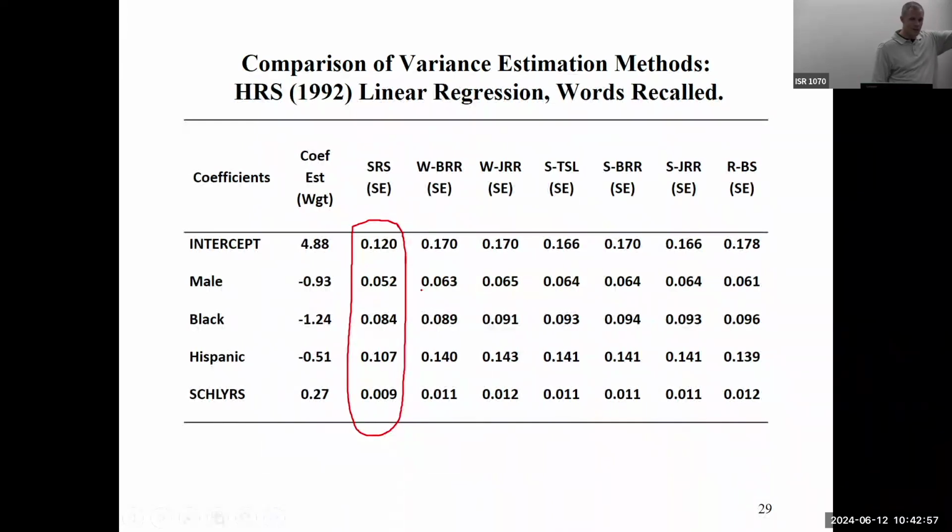We are estimating variance. So in theory, I could put a confidence interval on this variance estimate. And all of those confidence intervals would overlap with each other in this kind of table. That's why I'm saying it doesn't matter. If you just look at the numbers, the point estimates of the variance, yeah, it looks like TSL may give you some advantages, but in terms of forming confidence intervals, it's not going to matter.